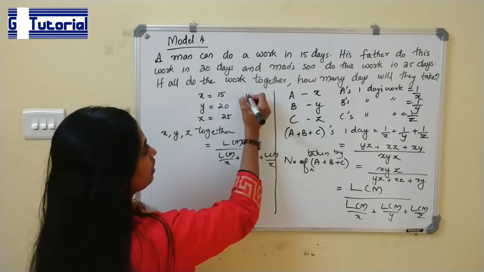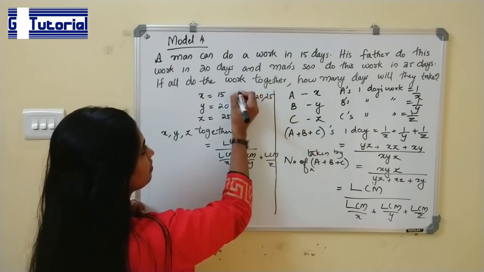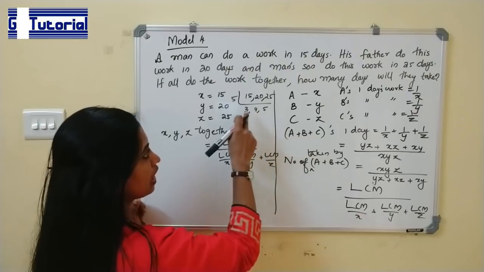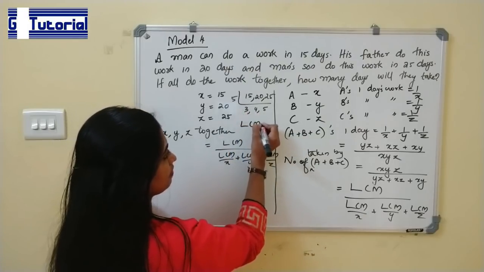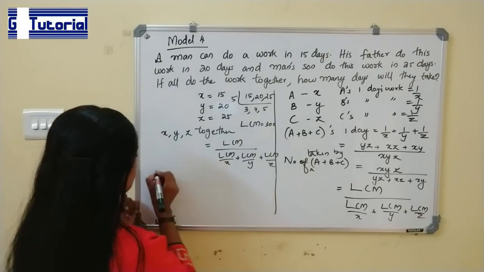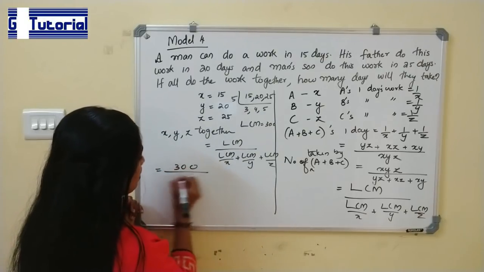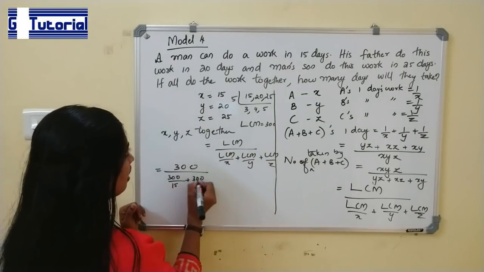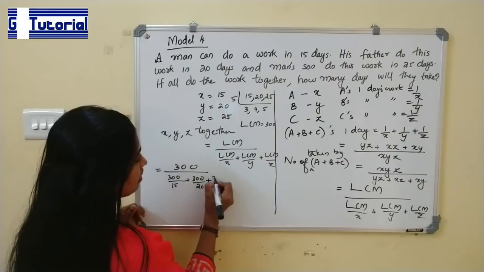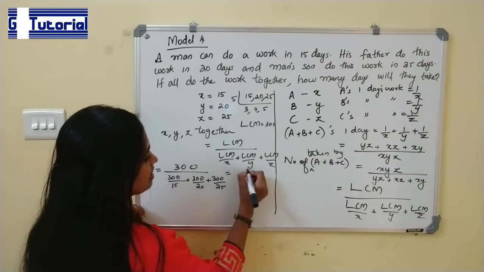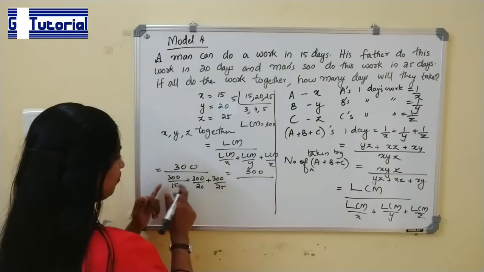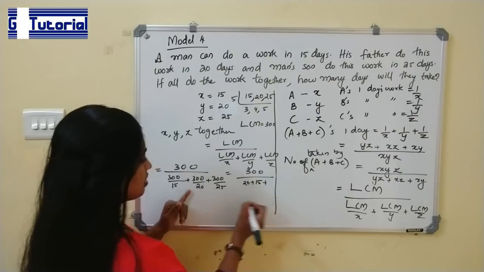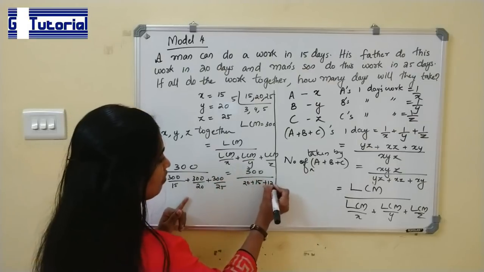LCM of 15, 20 and 25: 5 3s are 15, 5 4s are 20, 5 5s are 25. So 5 into 5 is 25, 25 into 4 is 100, 100 into 3 is 300. 300 is the LCM. So we have to do 300 by X, which is 15, plus 300 by Y, which is 20, plus 300 by 25. 300 by 15 is 20, plus 300 by 20 is 15, plus 300 by 25 is 12.